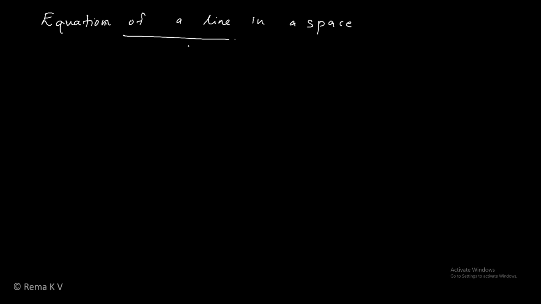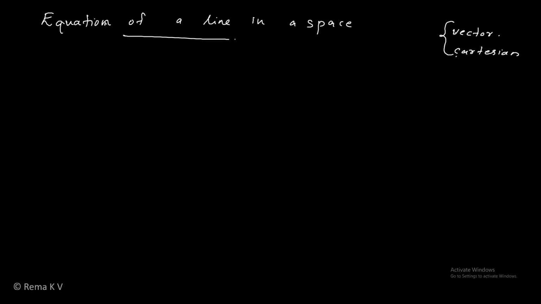In this, there are two different forms or two different types of equations. One is vector equation and the other one is Cartesian equation. So two different types of equations for every line. One is a vector form of equation and the second one is a Cartesian form of equation.